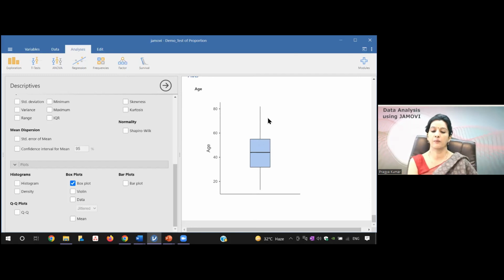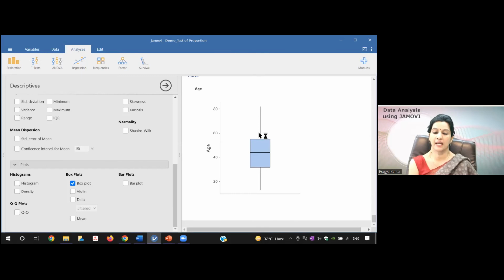And values above this 1.5 times will be shown as a dot or as an asterisk, depending on SPSS or Jamovi. In SPSS, it shows the extreme value also.